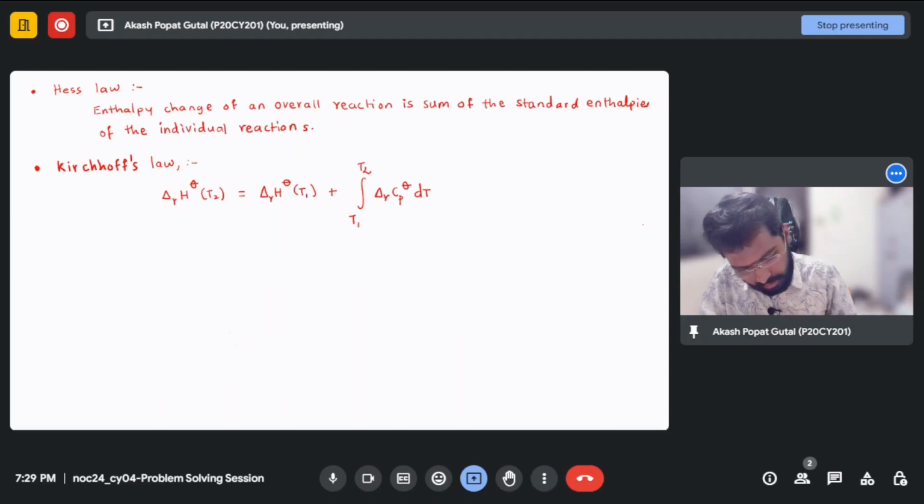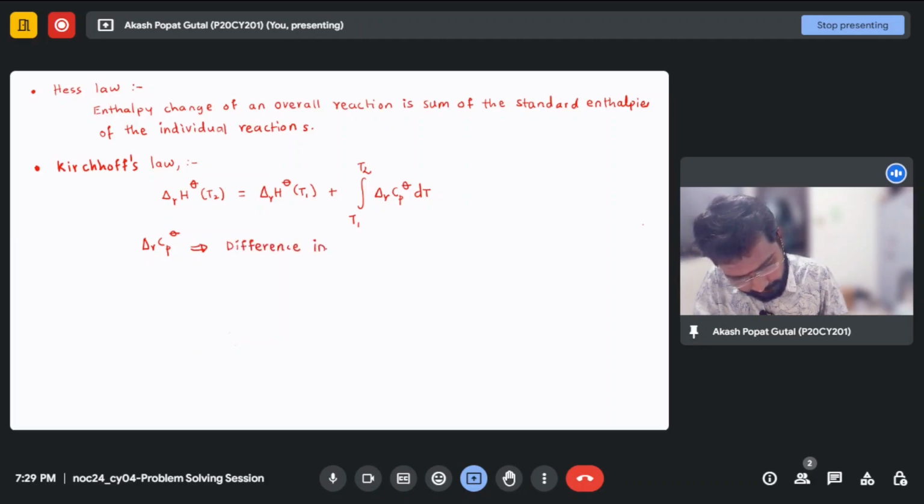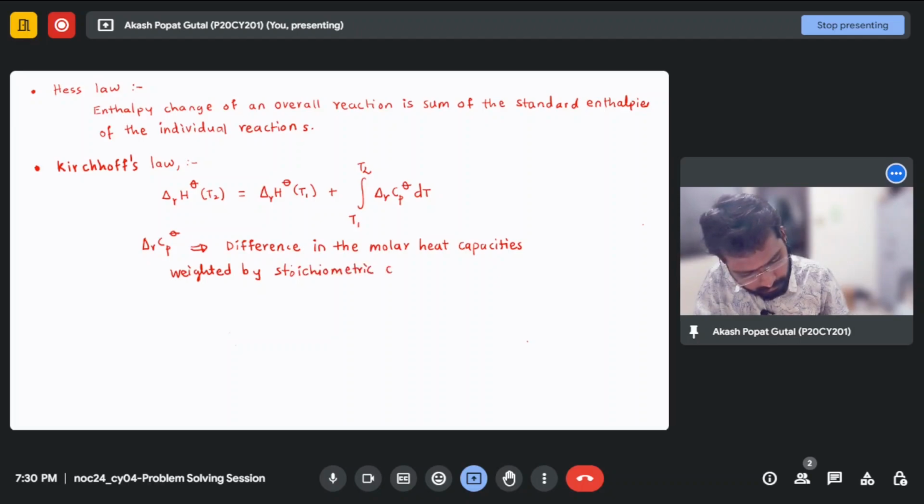And we can define the delta r Cp standard as the difference in the molar heat capacities weighted by stoichiometric coefficients that appear in the chemical equation.